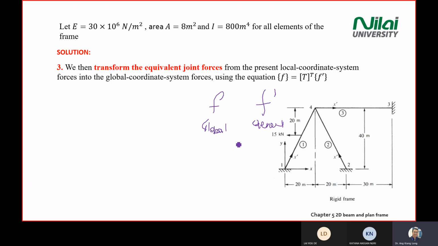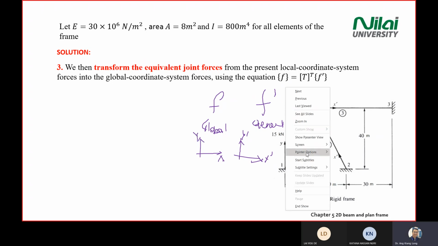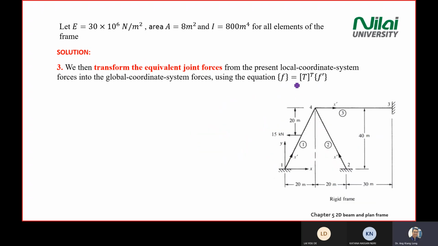Again, remind yourself that you have two types of axes here. One is y prime, x prime, which is on the element itself. Without the prime, it means you're referring to the global dimension. So you need to use F equal to the transformation matrix T that we already covered, T transpose times the F prime.